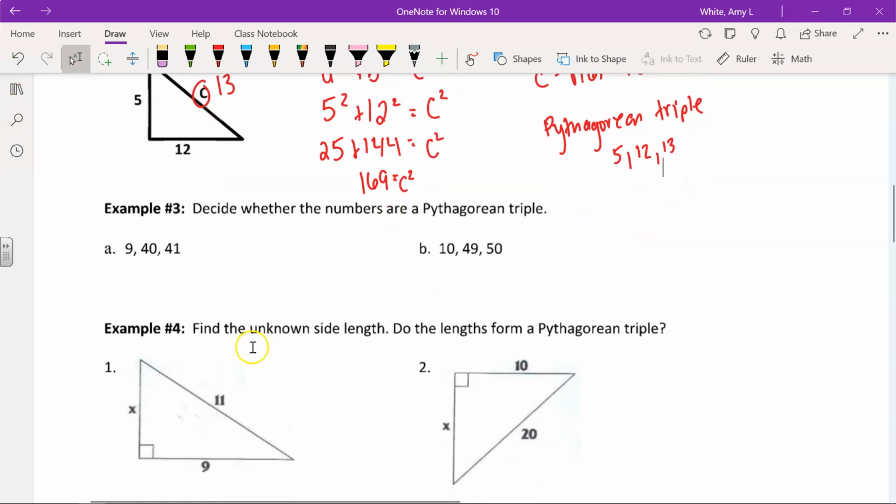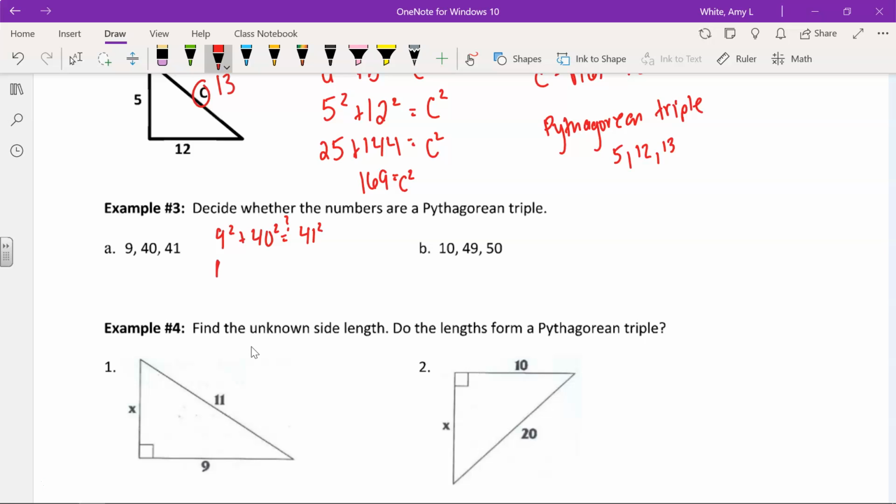Now we can also look at two examples where they give us all three values and we see if they make a Pythagorean triple. To do my first one, I'm going to do 9 squared plus 40 squared and ask, is that equal to 41 squared?